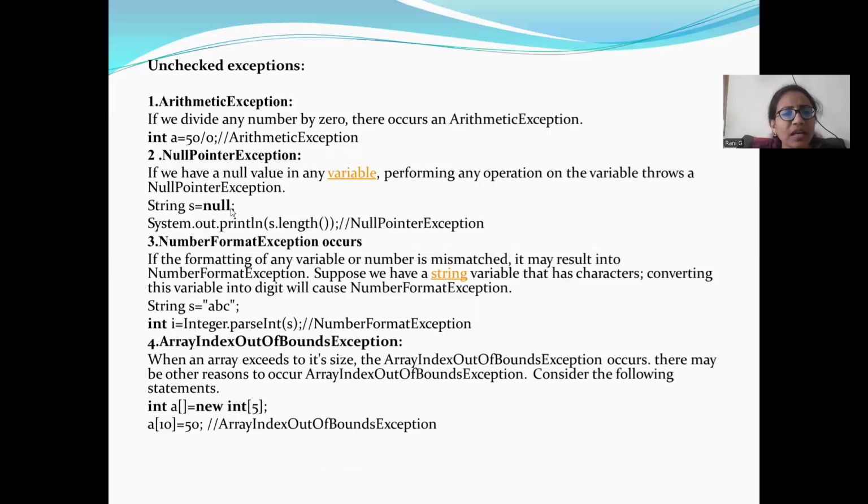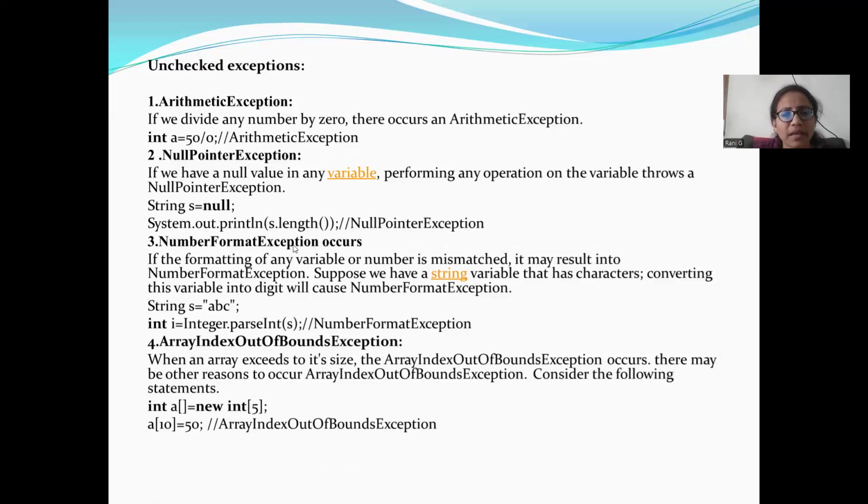When the variable is declared as null, then it throws a null pointer exception like this: System.out.println s.length. But we have given s as null. So at this time, it throws a null pointer exception.